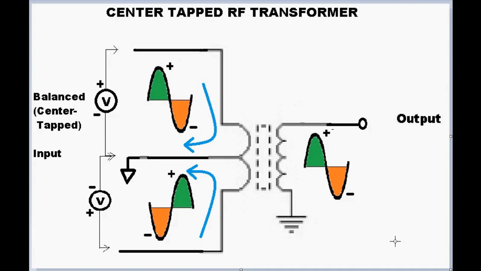Alright, now we also see, I've redrawn the center tapped RF transformer to show it as an output transformer. Notice in this case, we're going to gather up to one single-ended output the balanced center tapped current flows from two circuits here, two paths, which will be our two transistors in the diagrams that I showed earlier.